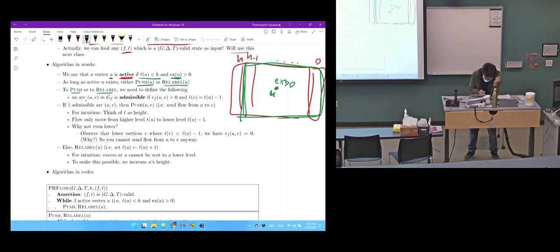We will say that the edge or arc UV in the residual graph is admissible if, for U at level i, V is at level i minus 1.